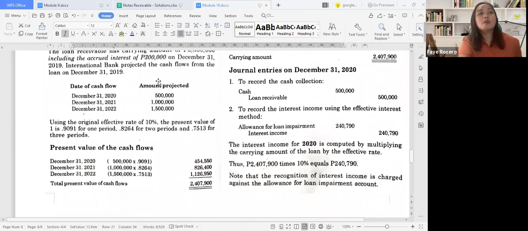So on December 31, 2020, that's a period of 1 year from 2019. In 2021, that's 2 periods. 2022, that's 3 periods from 2019. So we use the present value factor as follows. And to get the summation total, ito na yung ating present value of discounted future cash flows.